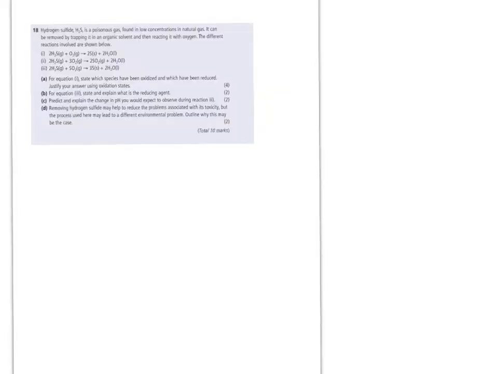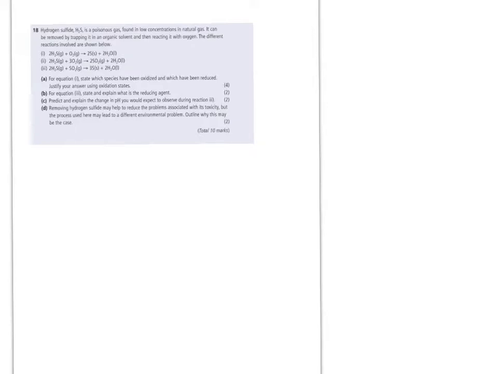Question number 18 talks about H2S, hydrogen sulfide, being a poisonous gas, and again, they give you a series of equations that it can be involved with. And for part A, it says for equation 1, state which species have been oxidized and which have been reduced. Justify your answer using oxidation states.